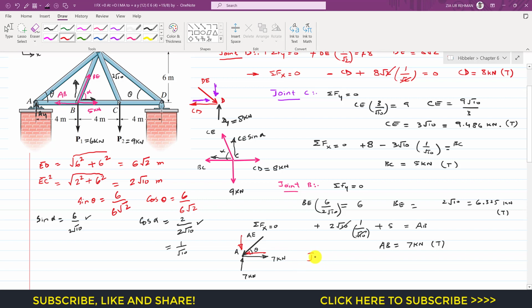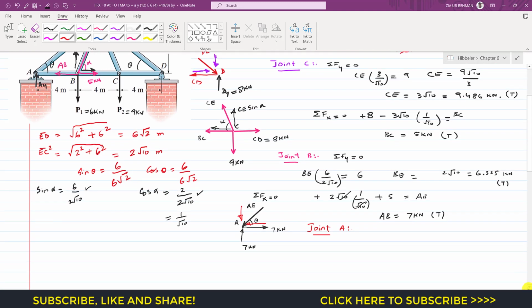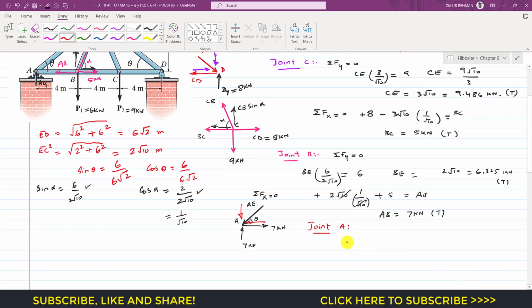So again, if I write that we are considering joint A, and if we apply the summation of forces along x equals 0, this is our positive x direction. This is the cos component, so we can write that AE cos of theta is acting in the negative x.